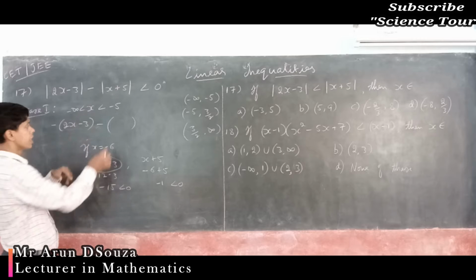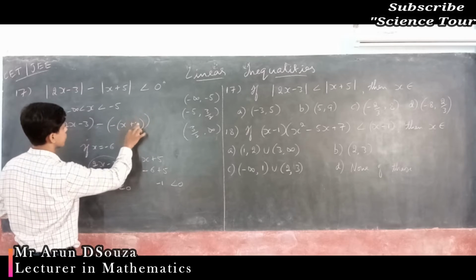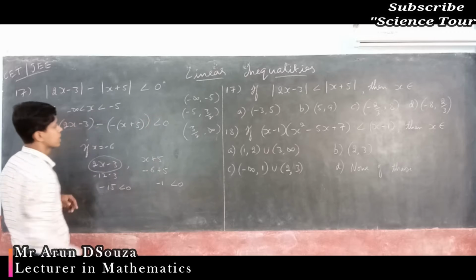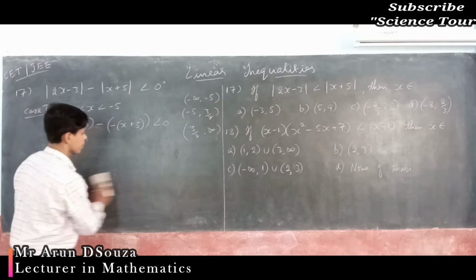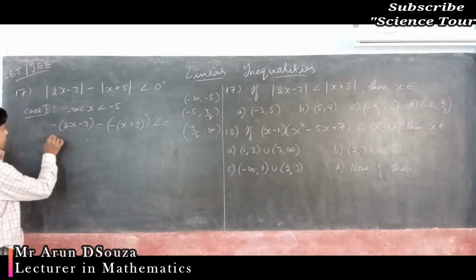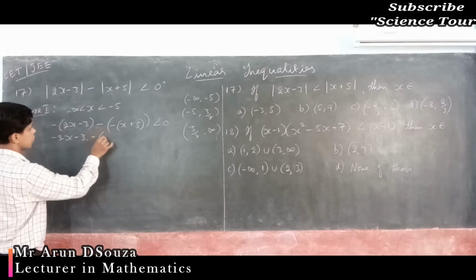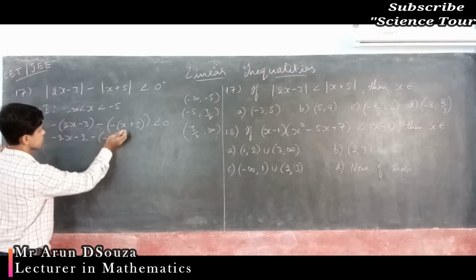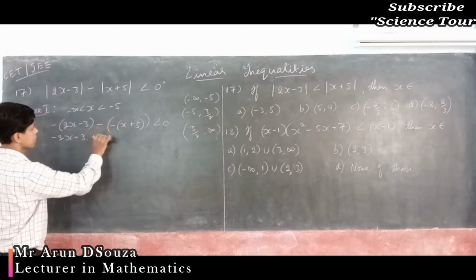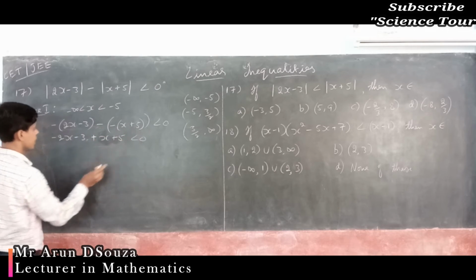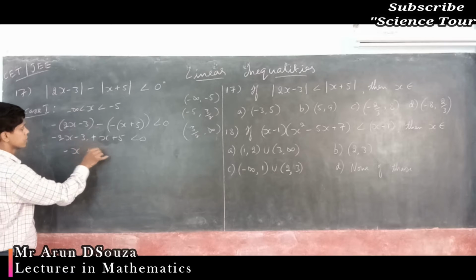Therefore you have to write negative of x plus 5, and that should be less than 0. So this is minus 2x minus 3, and minus of minus will be plus, and then x plus 5. So minus 2x plus x is minus x and plus 2.